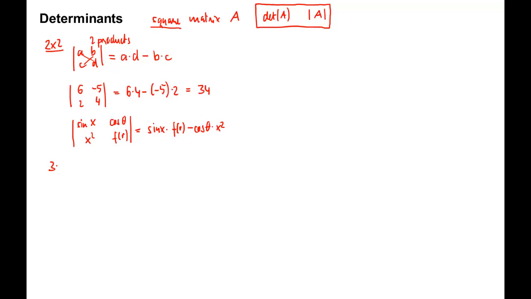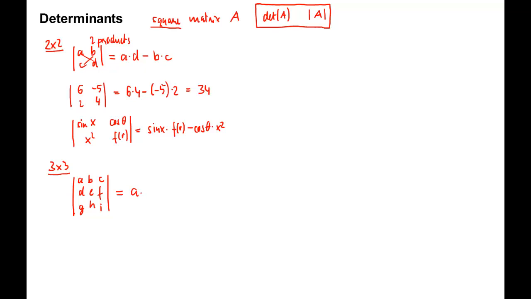For a 3x3 matrix, the determinant is a little more complicated. Let's start with a general matrix, A, B, C, D, E, F, G, H, I. Determinant. Now, first we pick one element along the top row and multiply it with the determinant of the other two columns in the lower two rows.